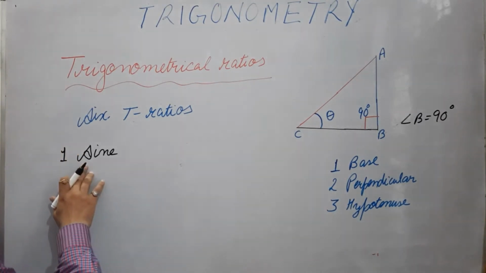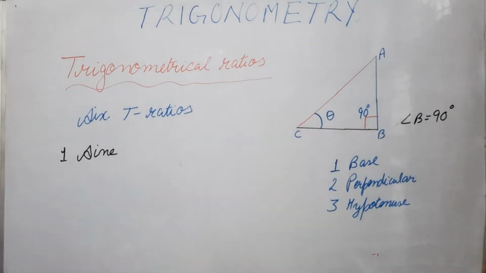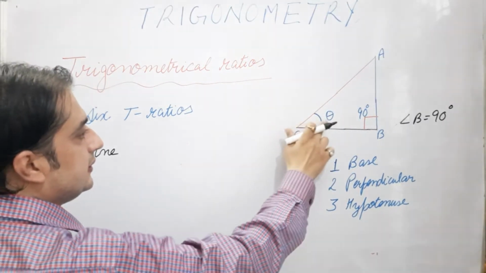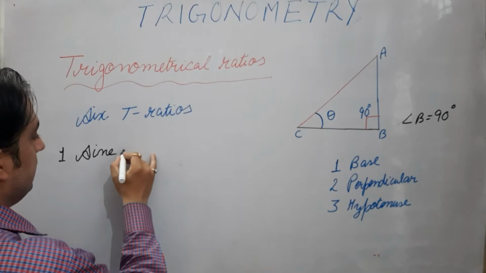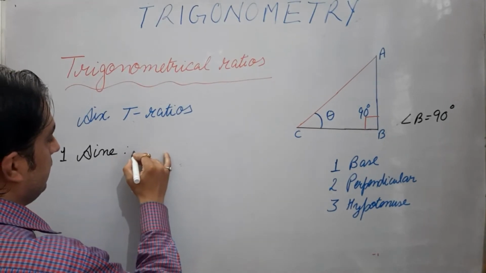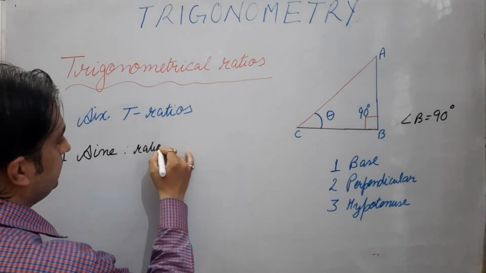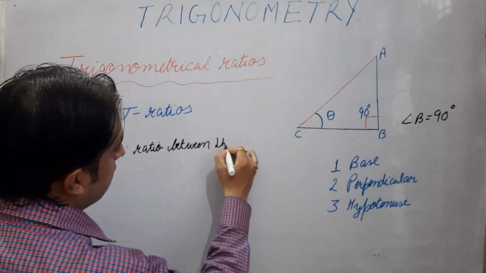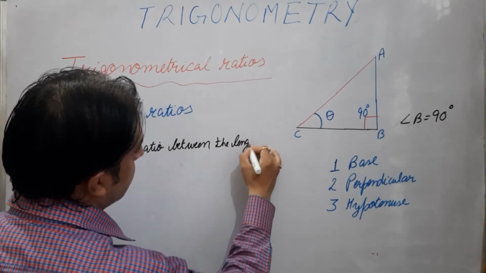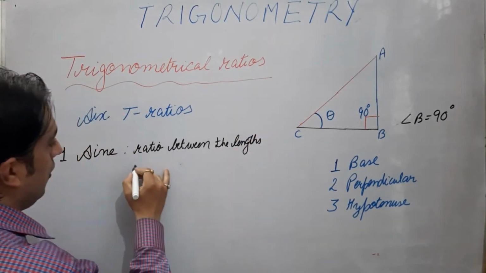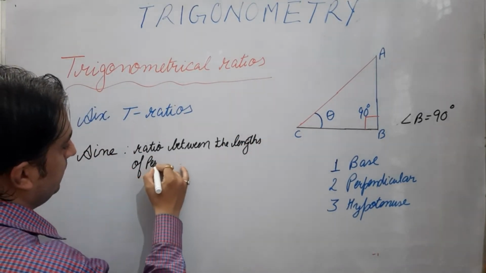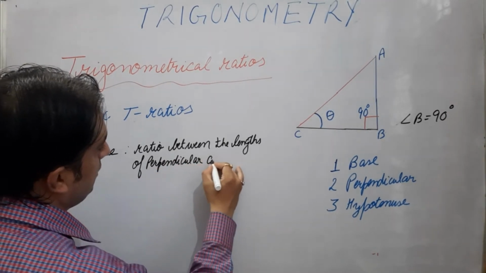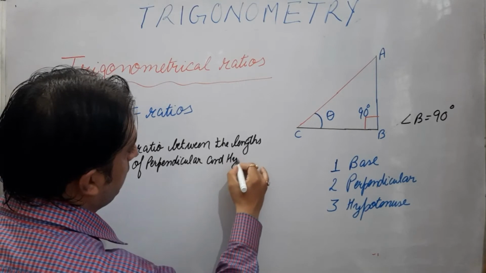So the first T ratio, that is sine, for angle theta, is a ratio between the lengths of perpendicular and hypotenuse.